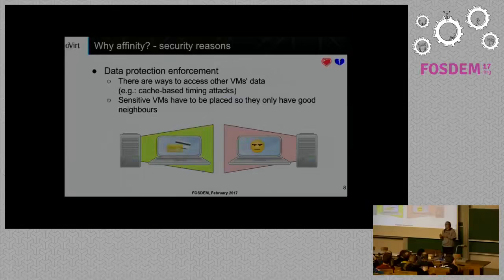You might want to define affinity for security reasons, basically creating subclusters. Here I have one of the examples. If you are following security conferences or watching videos from other conferences, you might sometimes see very black magic attacks on virtual machines using cache-based timing attacks.